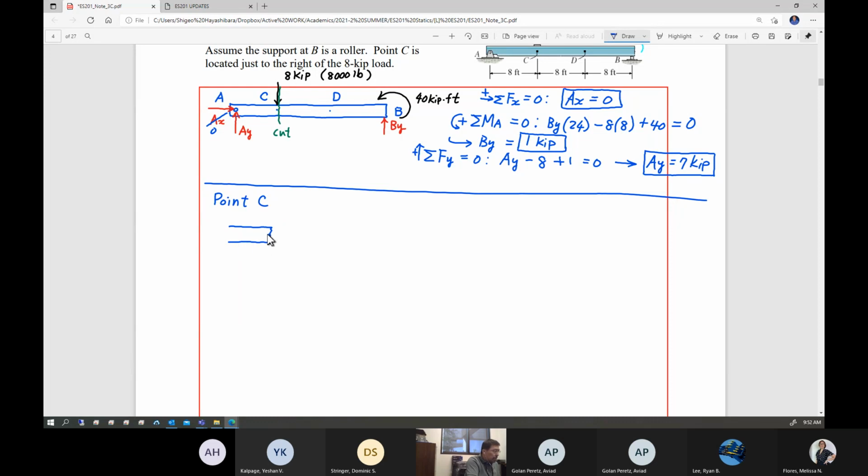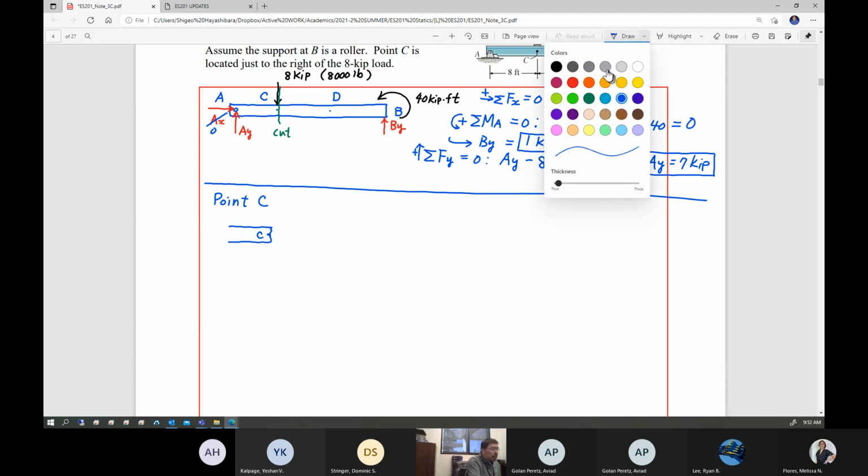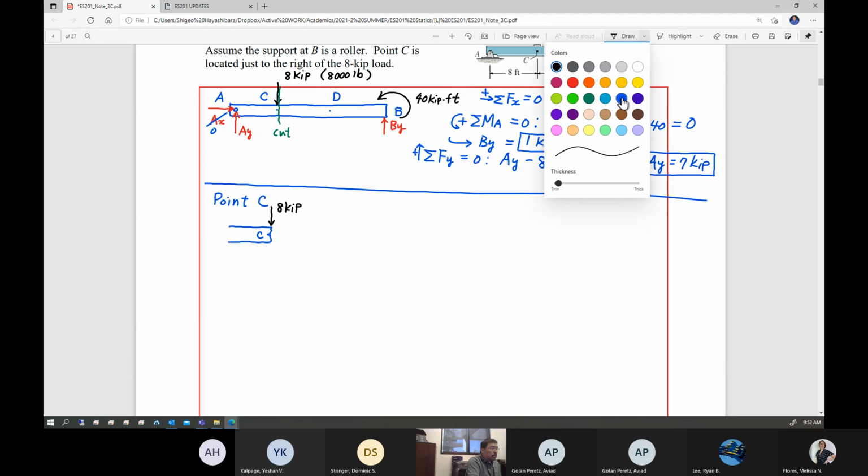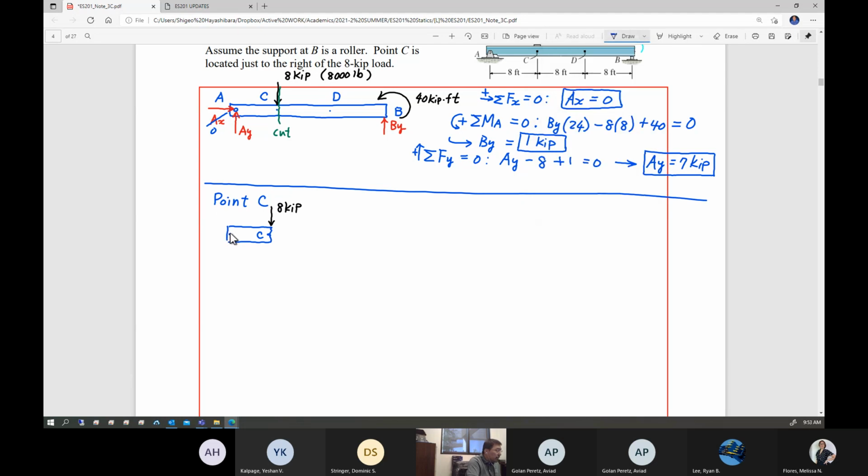So I'm going to call this here point C. And since this point is to the right of the 8 kip loading, the 8 kip is still appearing here. And this is the joint A, where you determined AY, which is 7 kip.